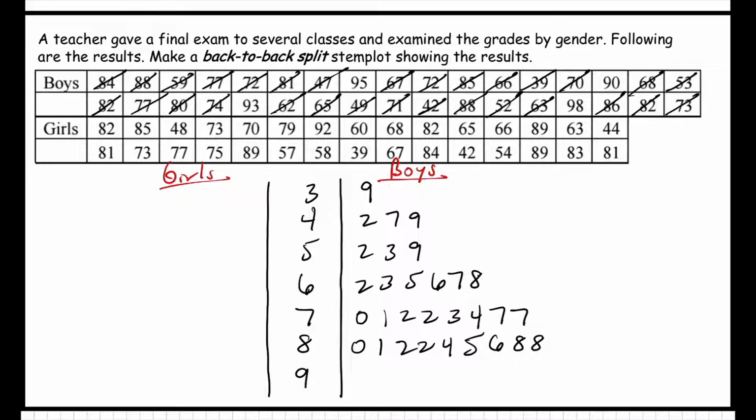And then the last one is 90, 93, 95, and 98. That's it.